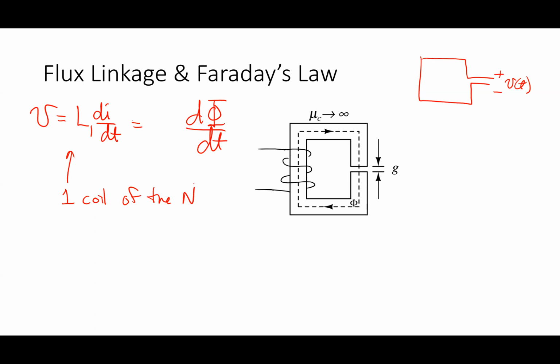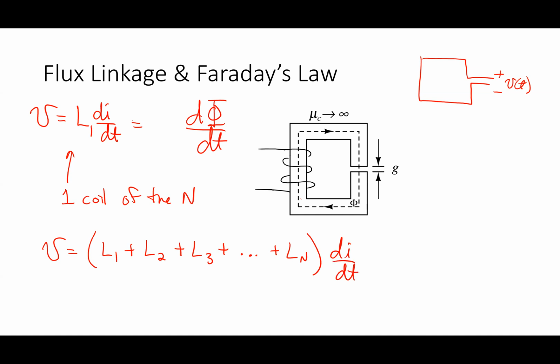So if I had N of these things in series with each other, which I do, what happens if I have a bunch of inductors in series with each other? They add, right? So basically what I say is that I have L1 plus L2 plus L3 all the way up to Ln times di by dt.